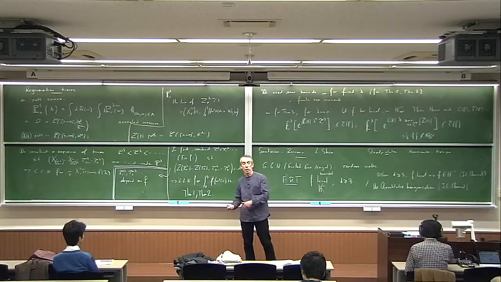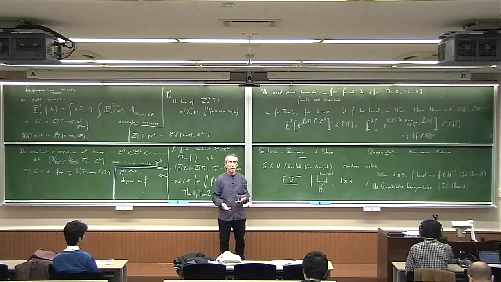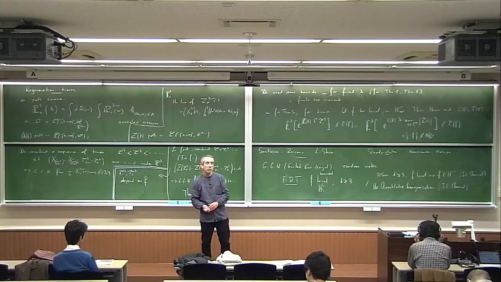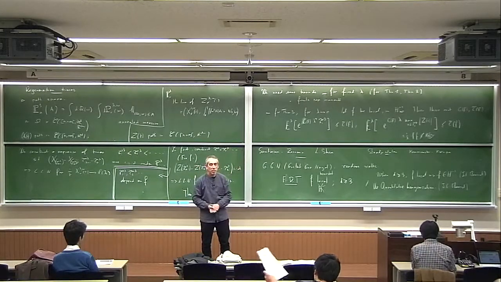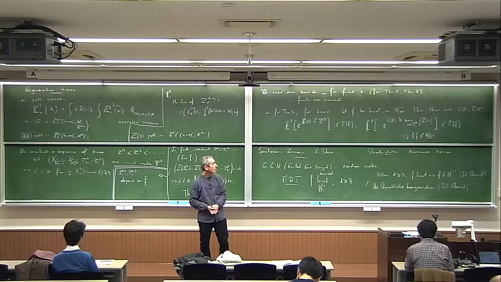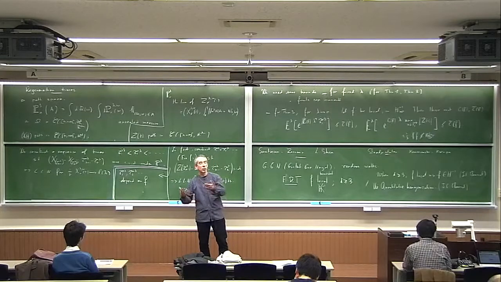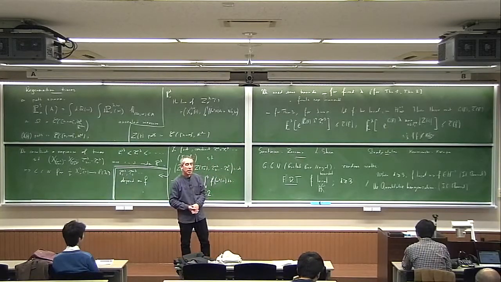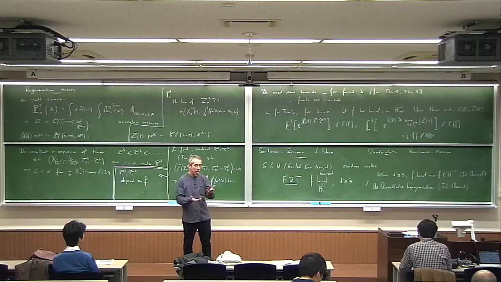Tau2 minus Tau1 will have the same law as Tau1, conditioned to an event of positive probability. I write it like this because in our construction of the regeneration times, this turns out to be sufficient. But otherwise, you're right.